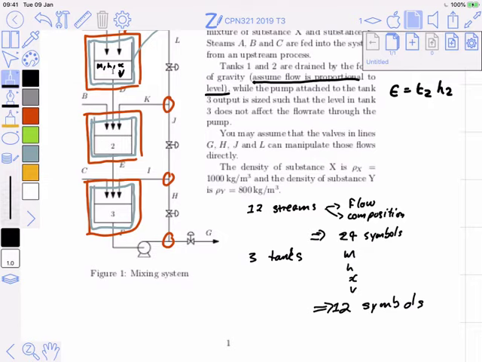Because here's the thing that you just have to know about me. I have no numeric memory. And so a lot of you, when you solve problems, you rely on numeric memory. So you would rely on me to know that when you write 800, that was the density of substance Y. Here is something that I will not be able to do. When you write 800, I won't recognize that as the density of substance Y. I just won't. I can't tell you why. It's like some people have name blindness, I have number blindness.